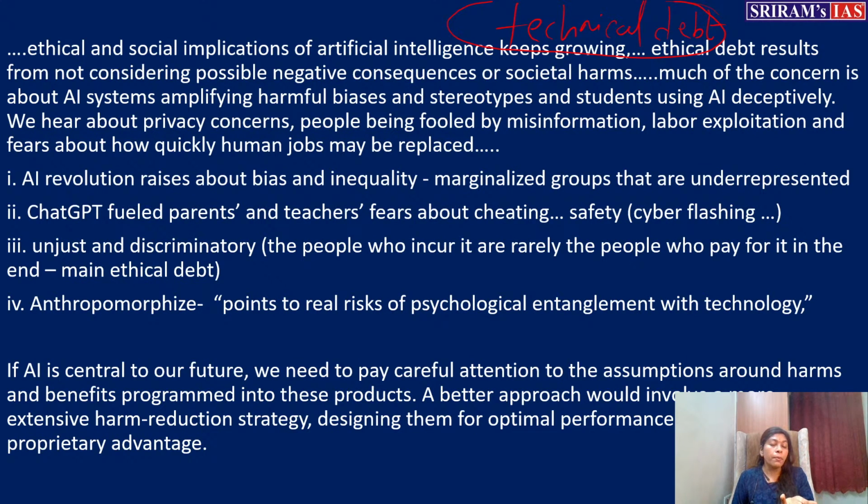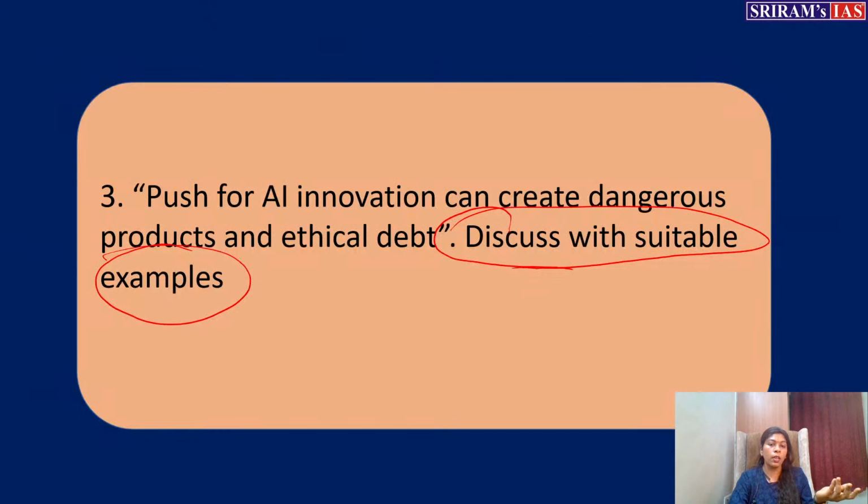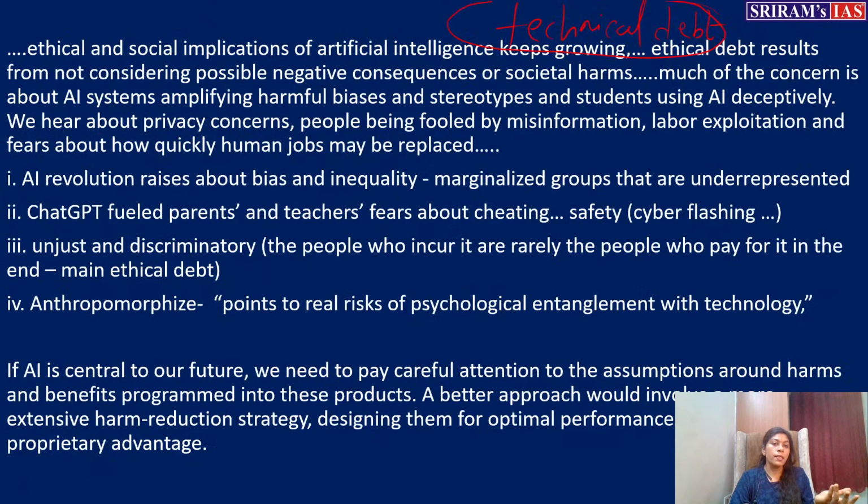But what is ethical debt? That's a word which is shown in your question also. It means you are overlooking the social and ethical harms, the consequences resulting from this advancement of technology. So what are those societal harms and negative consequences resulting from that particular technology?